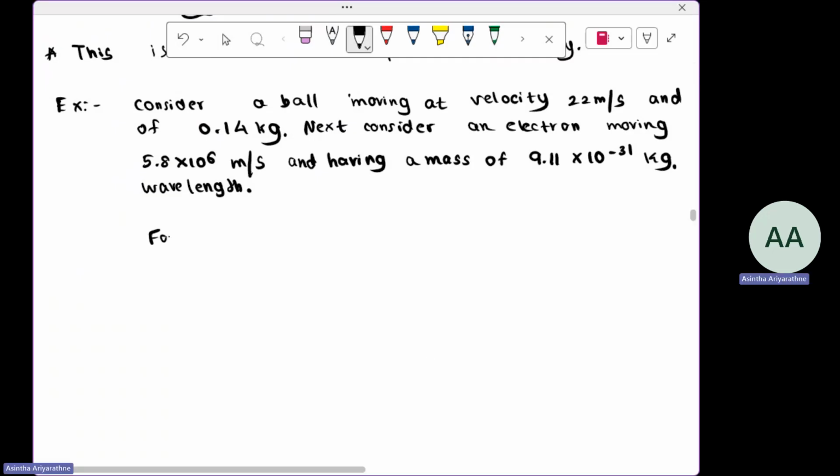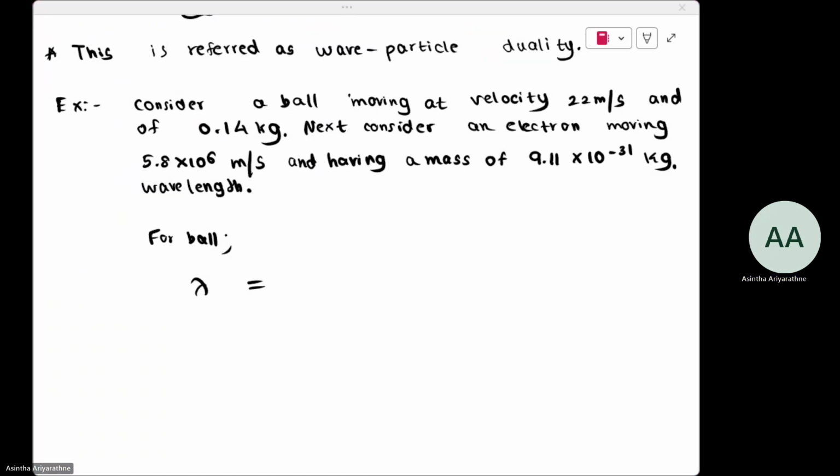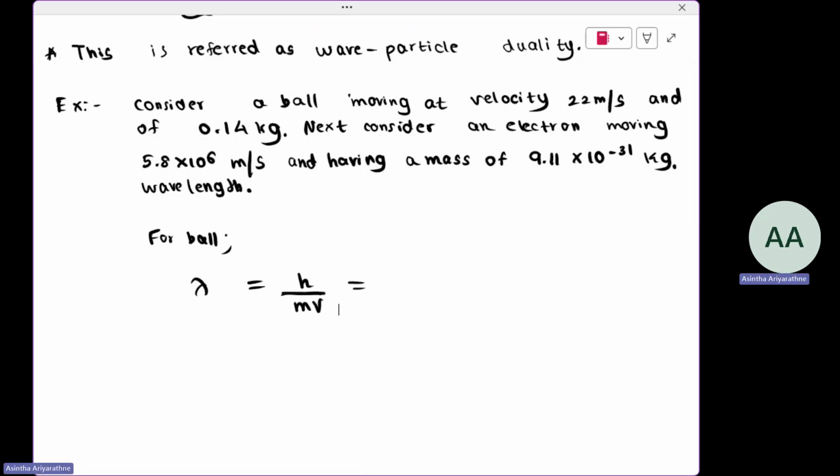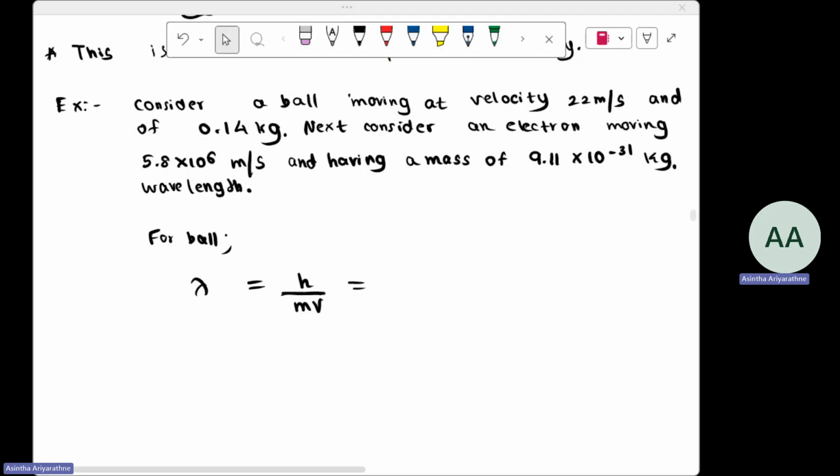For the ball, lambda is equal to h over mv, where h is 6.6 times 10 to the power minus 34.